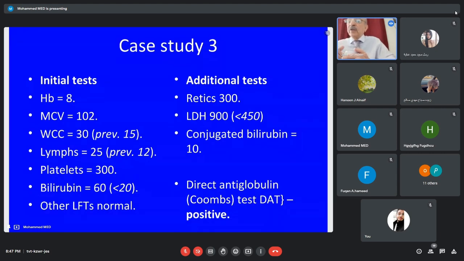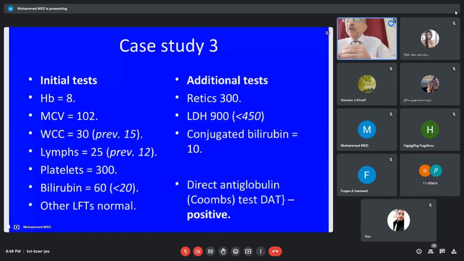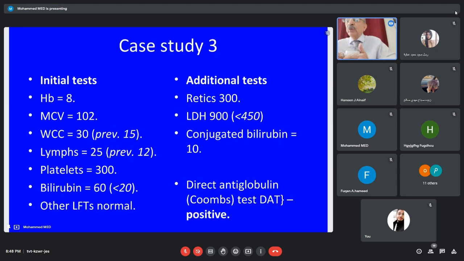And the last test is the Coombs test, which is diagnostic here. The direct Coombs test was positive in this particular patient. It indicates hemolysis, and the treatment of this patient is not by giving anti-leukemic treatment. No, the treatment here is corticosteroids, and usually they respond in a very good way to corticosteroids. Next slide, please.